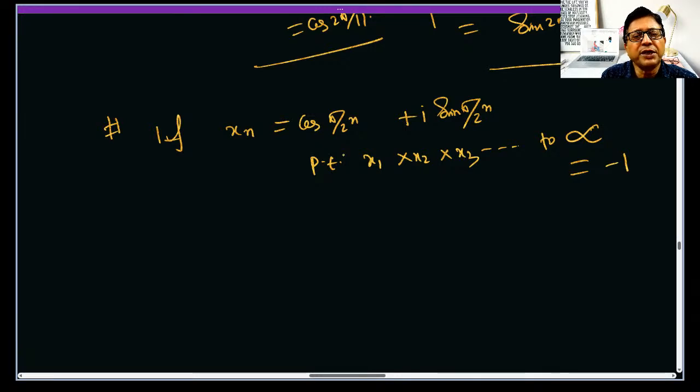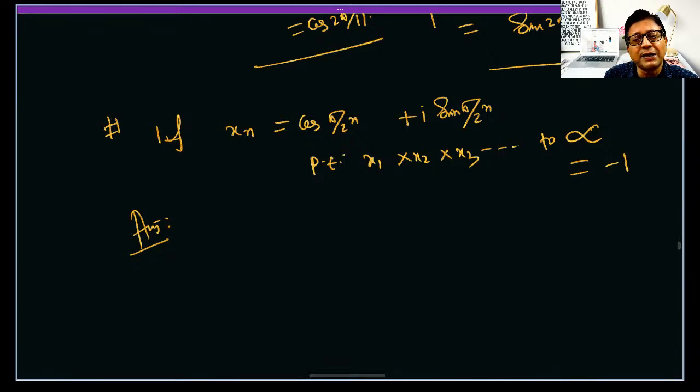You just use de Moivre's theorem for it. Just put it there, and use that multiplication rule I told you: cos θ₁ plus i sin θ₁ and cos θ₂ plus i sin θ₂ can be multiplied.